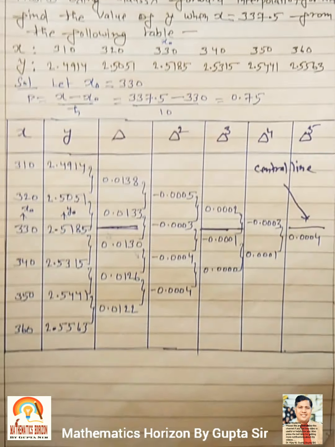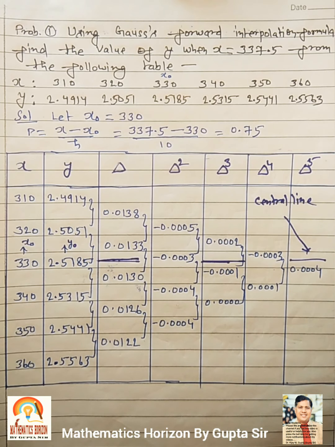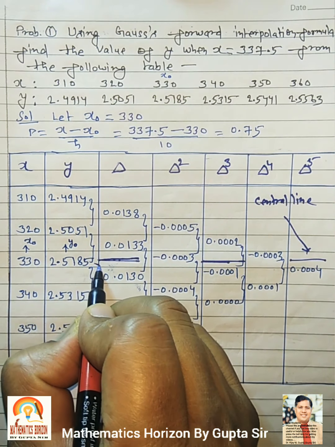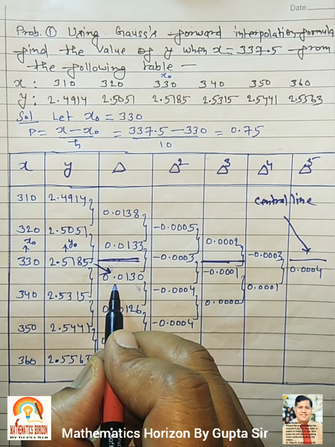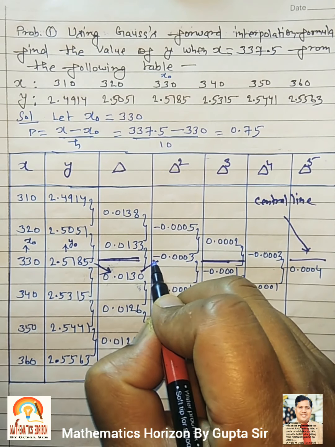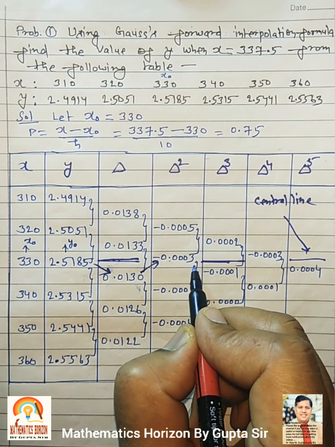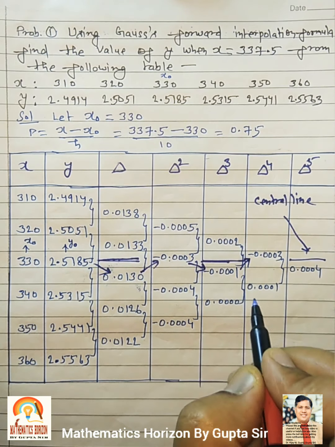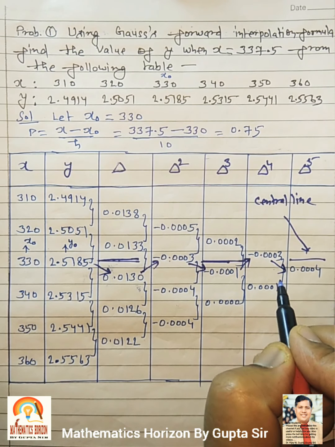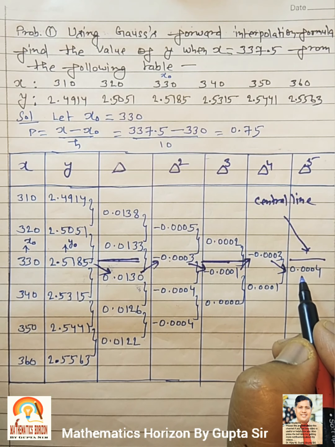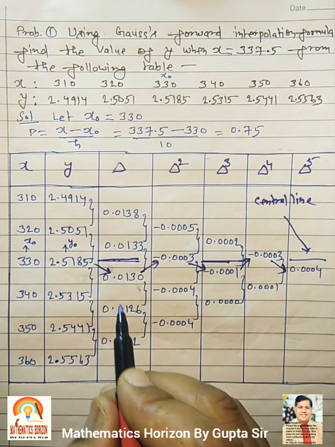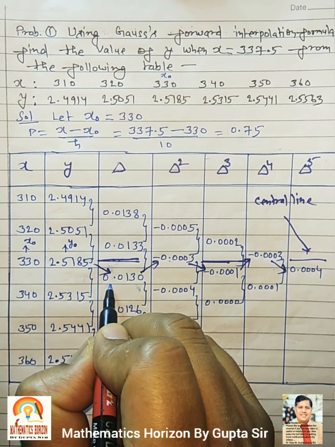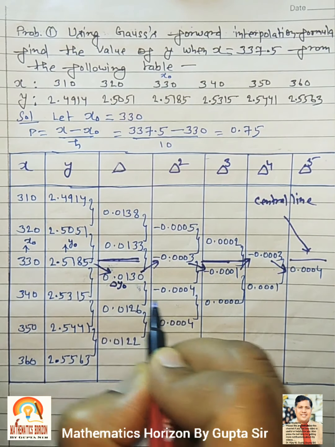Means this is called del y0, this term is called del square y minus 1, this is called del cube y minus 1, this is called del 4 y minus 2, and this is called del 5 y minus 2. Here this is y0, and this is del y0.